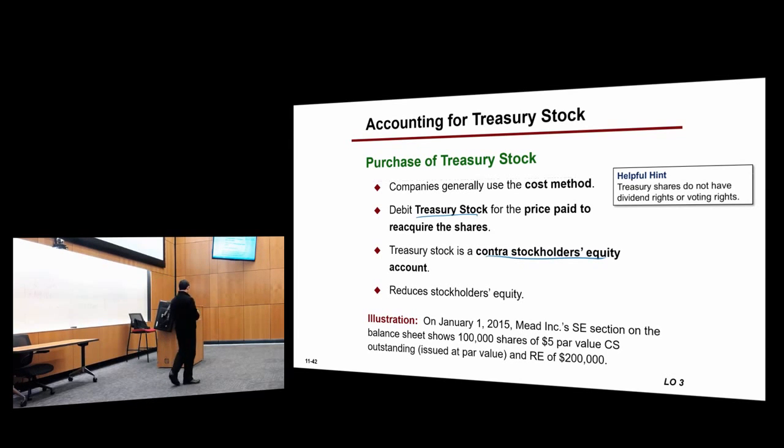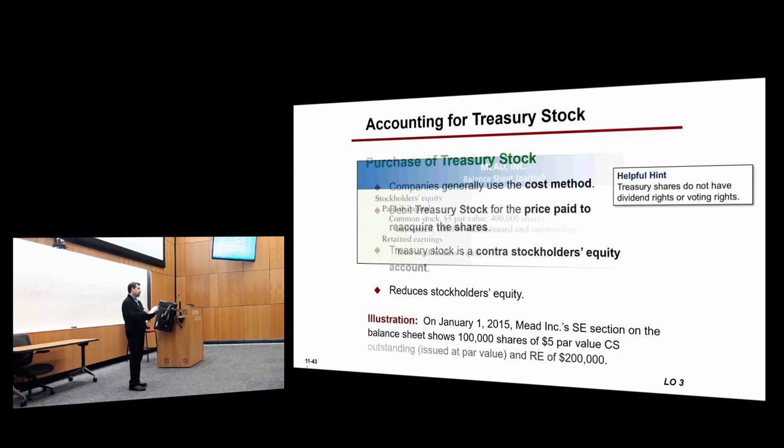So for example, on January 1st, 2015, Meet Inc.'s stockholders' equity section on the balance sheet shows 100,000 shares of $5 par value common stock outstanding. Outstanding means this is the number of shares that are still owned by investors. Retained earnings is 200,000, so this is how it would look.